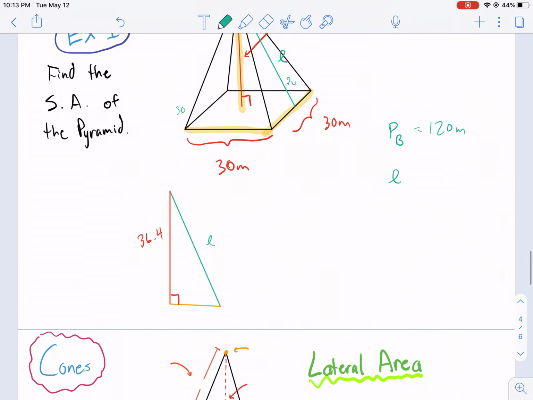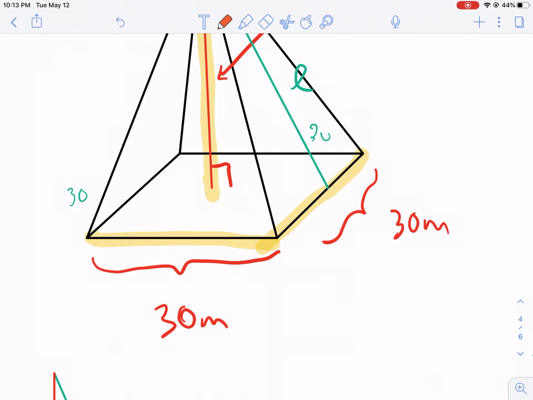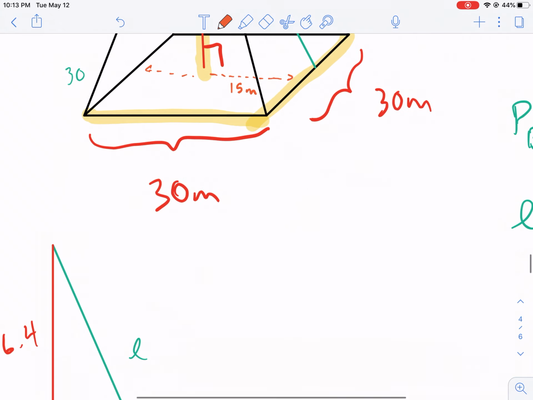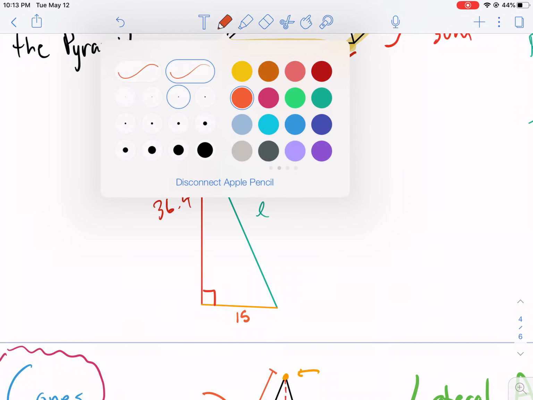How can we figure that out? If this is the center of the base, then this distance here should be halfway from both sides. So this distance right here is 15 meters because the whole distance is 30. So this is 15.